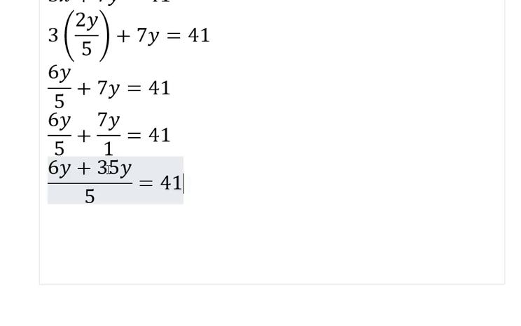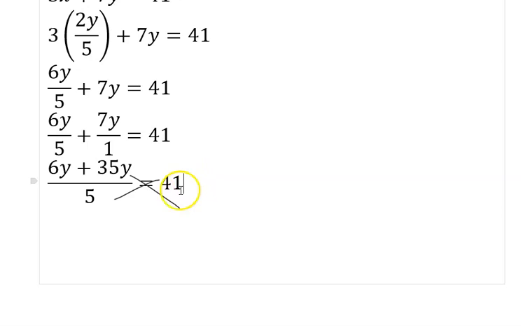So having done that, we are going to cross multiply such that this 5 can times this 41. And don't forget this 41 too is still the same as 41 over 1. So let's just do our cross multiplication such that what you have here will times what you have here, because it's 1 that is here.